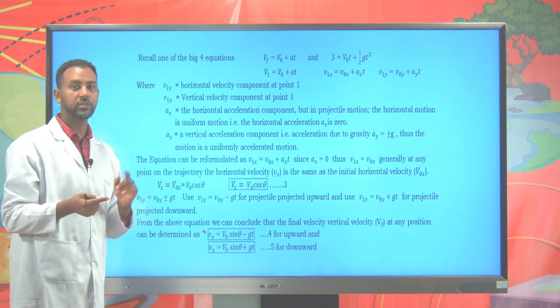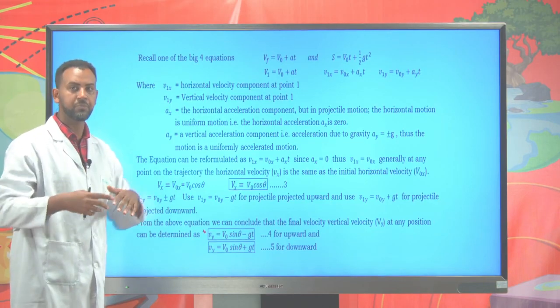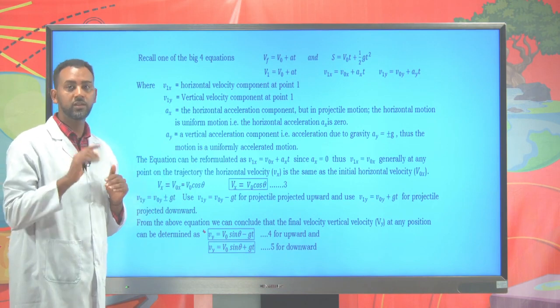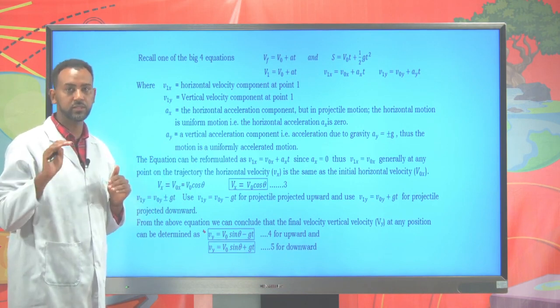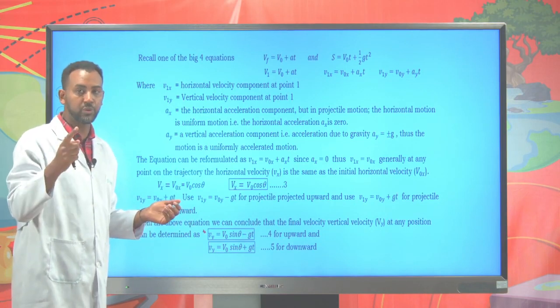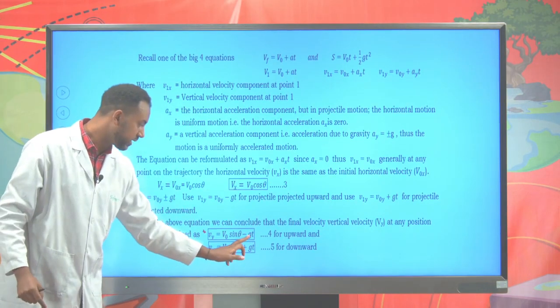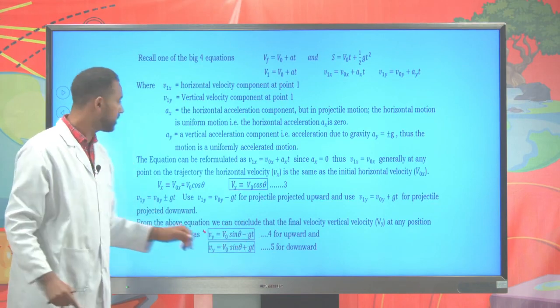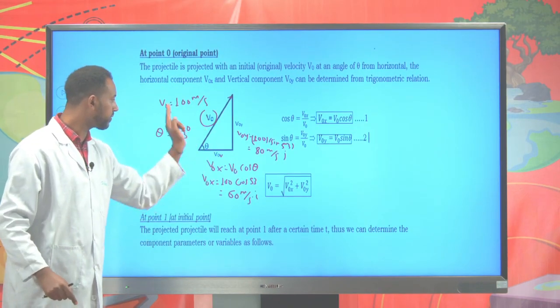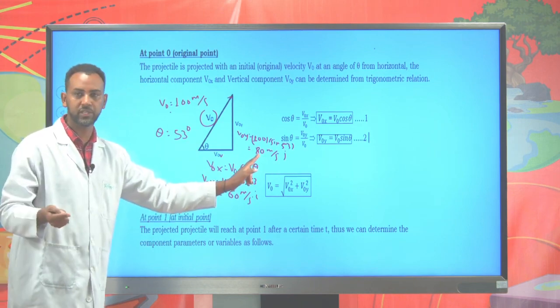The vertical component can be determined as V naught sine theta. But after a certain time t, the horizontal velocity component remains constant since the motion is uniform, while the vertical component can be determined using the time t, minus gt. Previously we found that the vertical component of the initial velocity is 80 meters per second.